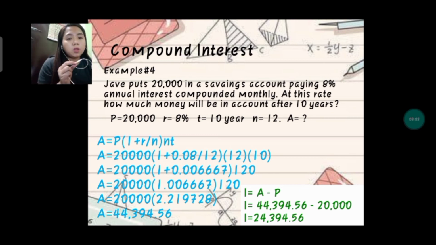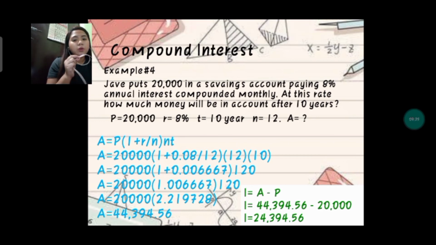A is equal to 20,000 times 2.219728, because 1.006667 raised to the power of 120 is equal to 2.219728. And then 20,000 times 2.219728 is equal to 44,394.56.